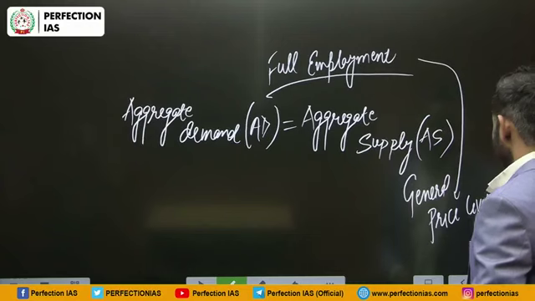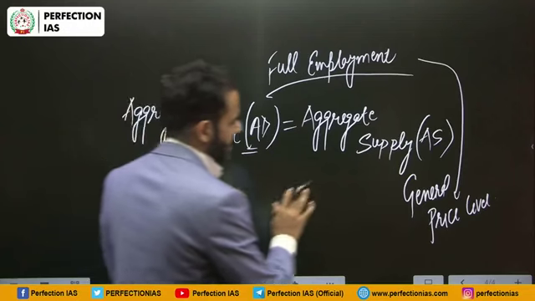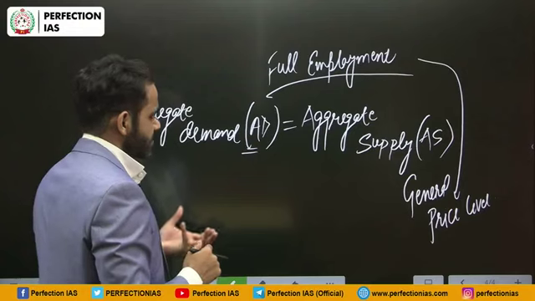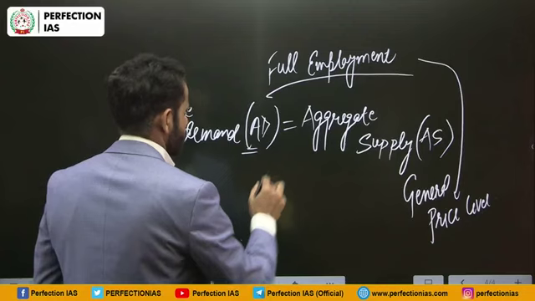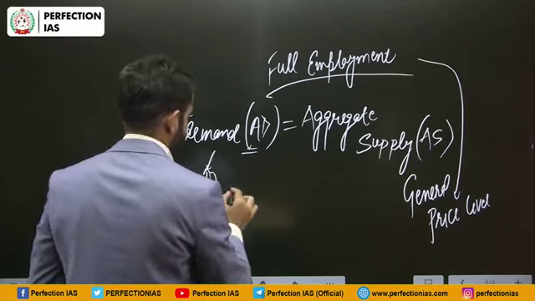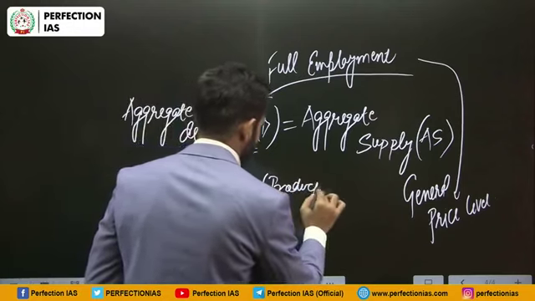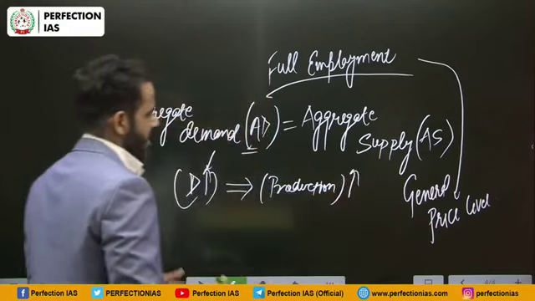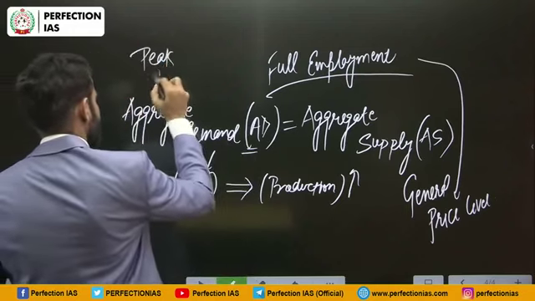Why so? When aggregate demand and aggregate supply are equal, neither there is higher requirement nor any higher supply. Demand is not increasing, so there is no need to increase the production further. Therefore, there is no need to hire more people. That means it is a situation of peak employment. Peak means maximum.